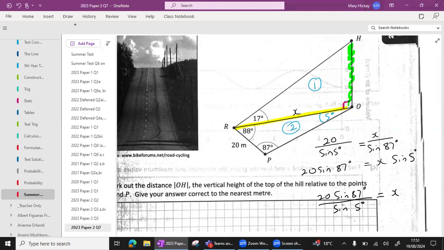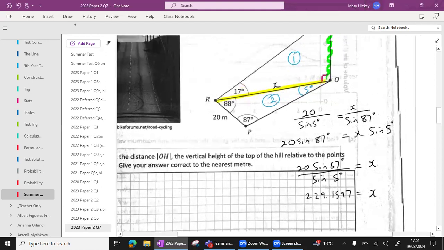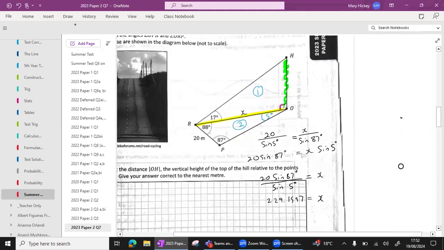So 20 times the sine of 87, all over the sine of 5. That's giving me 229.1597, etc. I'm not going to round that yet, just leave it as it is for the moment. And I'm going to go back to triangle 1.